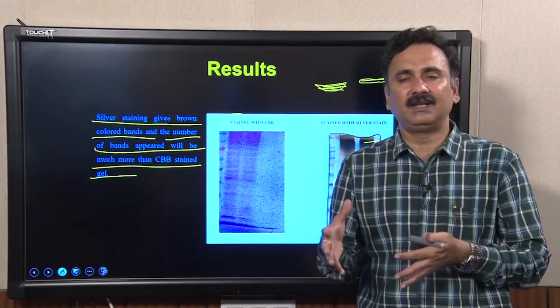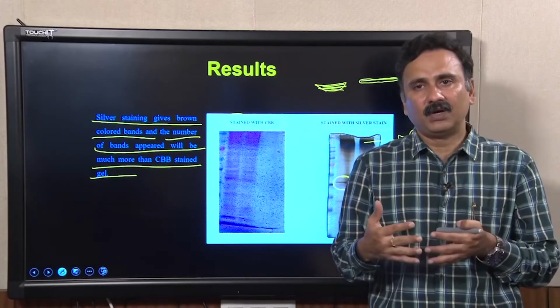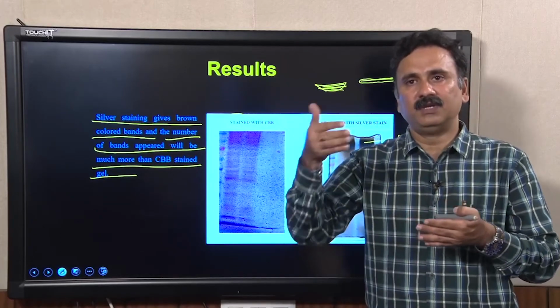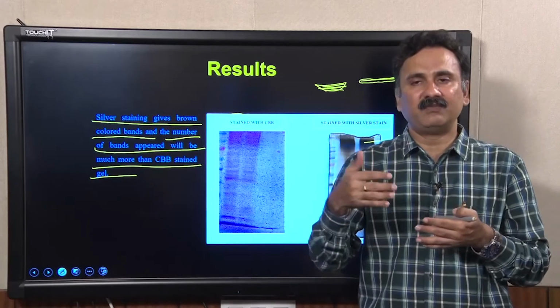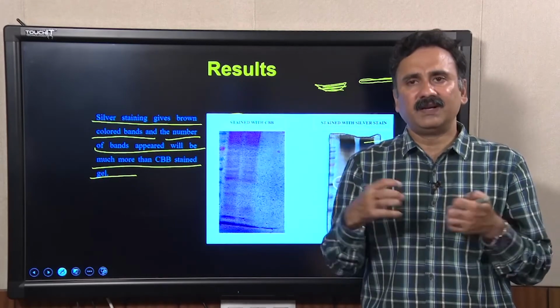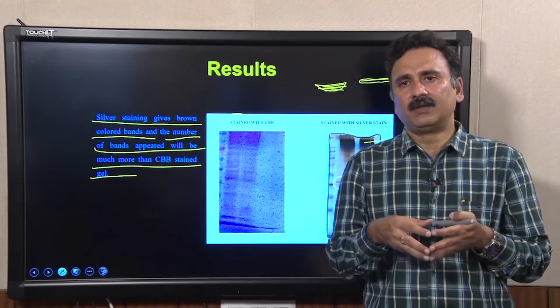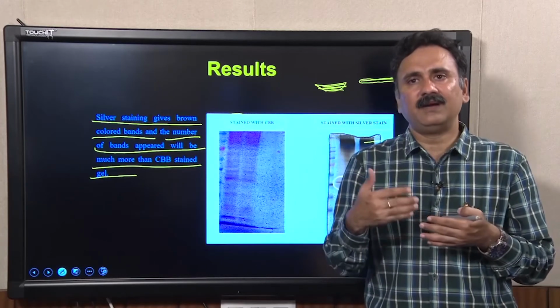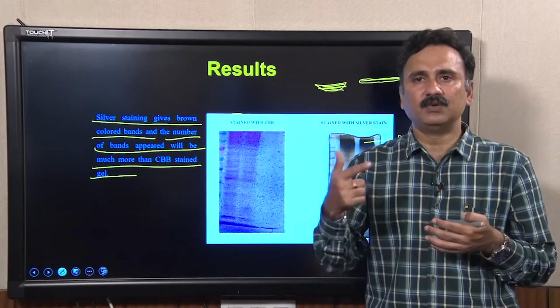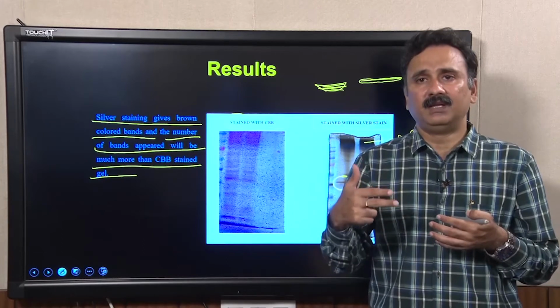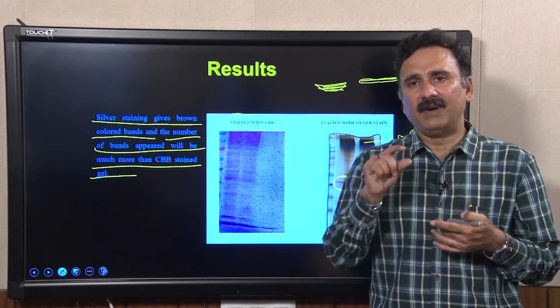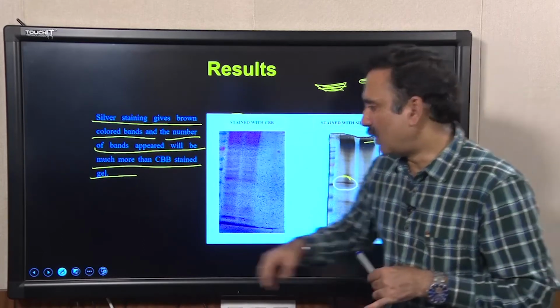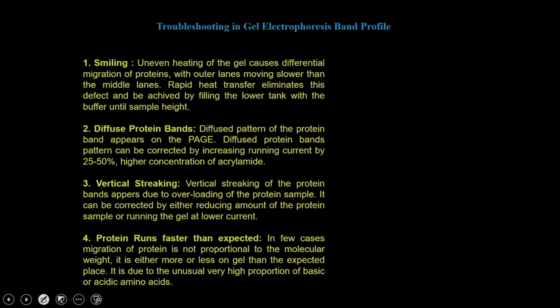You never get these kinds of bands because you always run at a very fast speed, or some kind of artifacts appear in the gel. So, because of that, when you stain the gel, you are going to see different types of abnormalities in the band appearances. Let us see what these are.